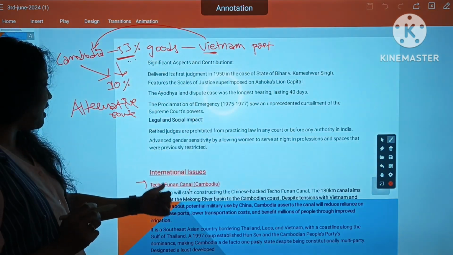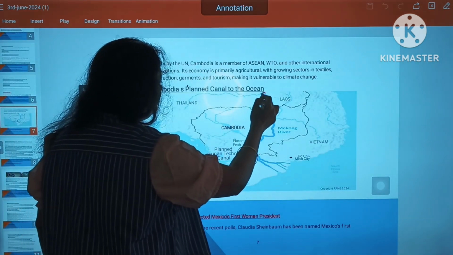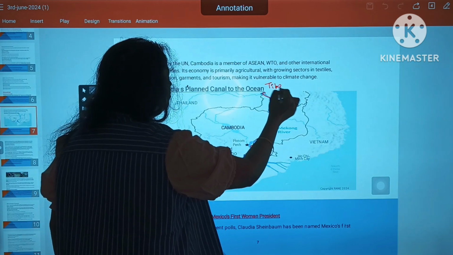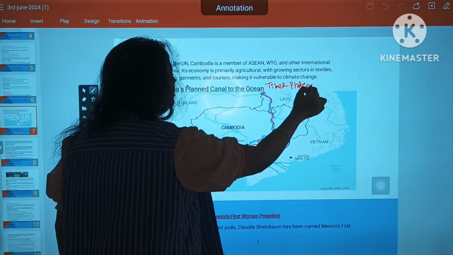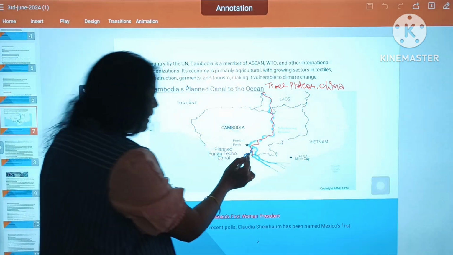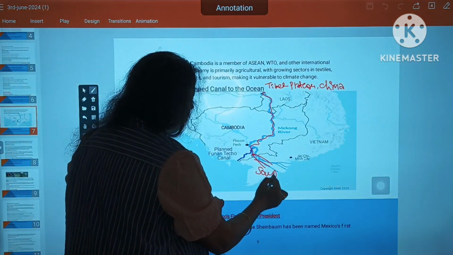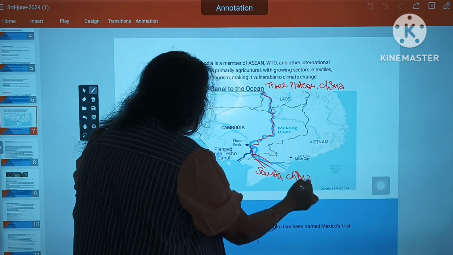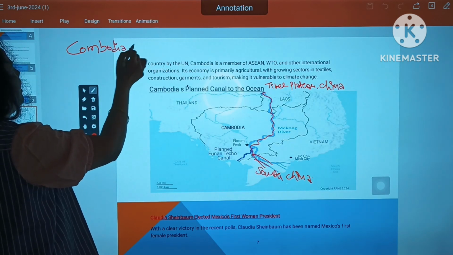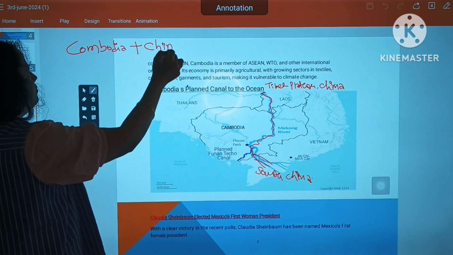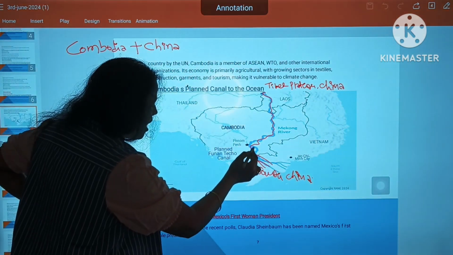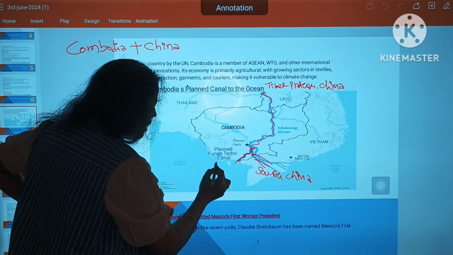Okay. So the canal details here. The Mekong River starts in the Tibetan Plateau, China, and it will drain into the South China Sea. So Cambodia made friendship with China, joined hands with China to construct a canal from the Mekong River to the Cambodia coast.